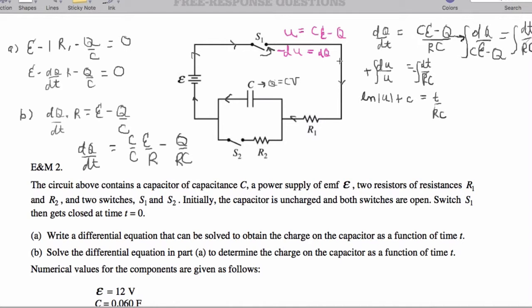Let's go ahead and obtain that integration constant by noting that at t equals 0, Q equals 0. So we're going to get negative the natural log of CE equals our integration constant. Continuing, we're going to get that the natural log of C EMF minus Q over C times the EMF equals negative t over RC.